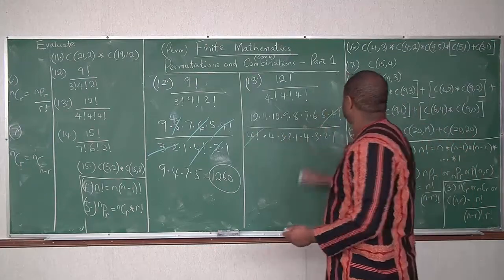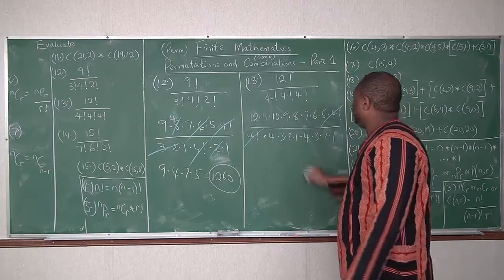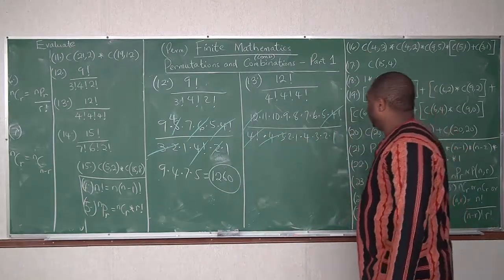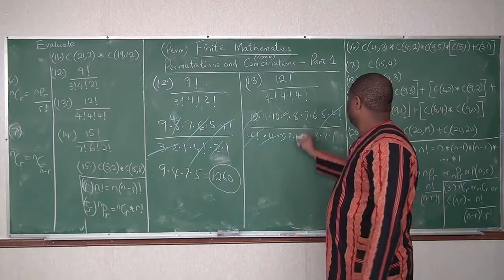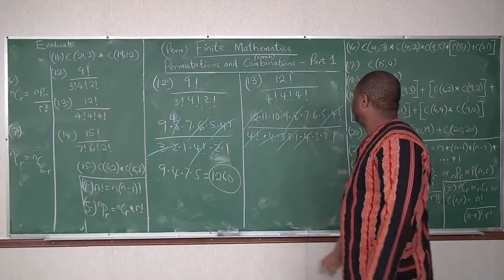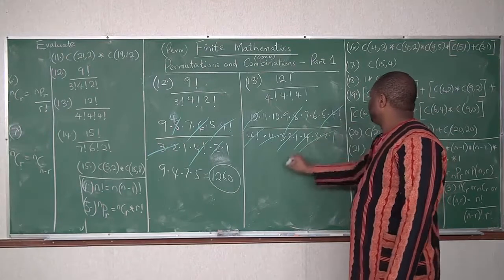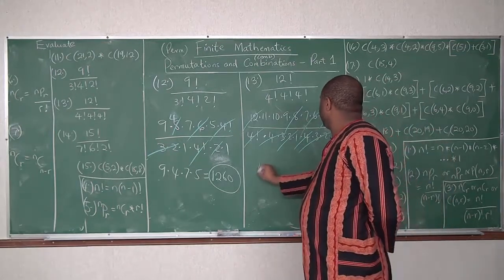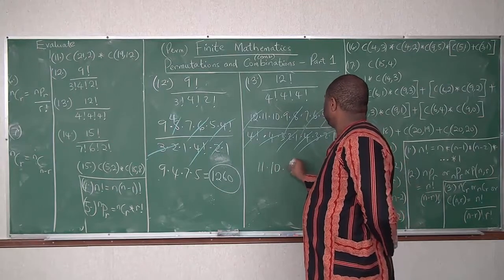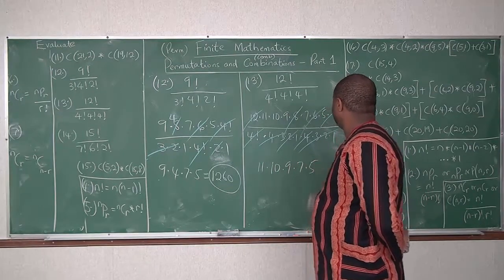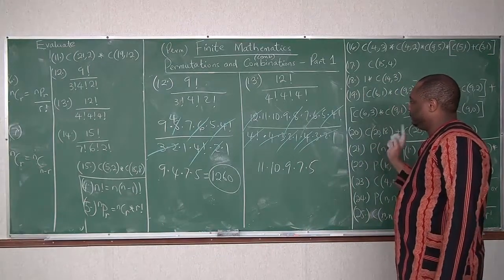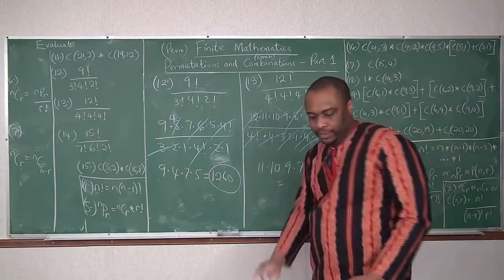So bam, bam, that goes. 4 and 3 is 12, goes. 2, 4 is 8. And 3, 2 is 6. Bam, bam. So what do we have now remaining? 11 times 10 times 9 times 7 times 5.